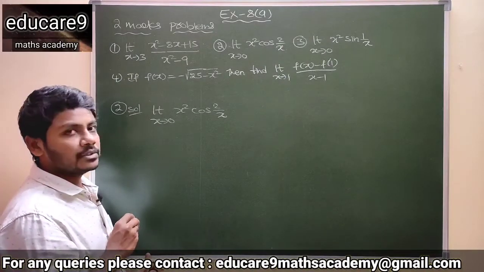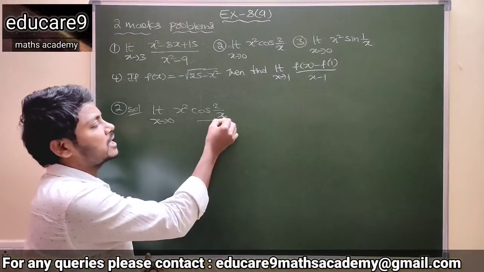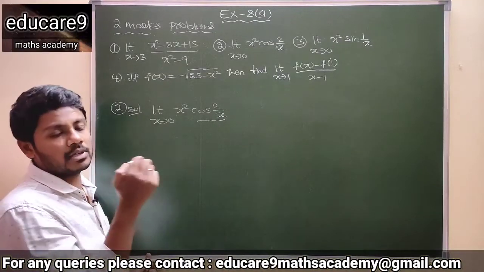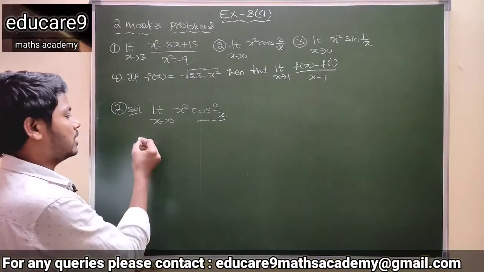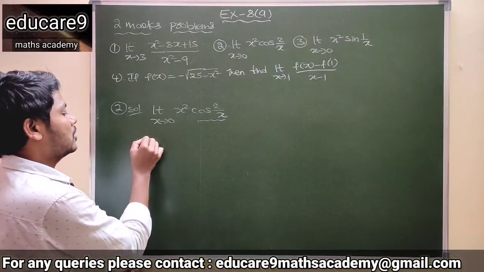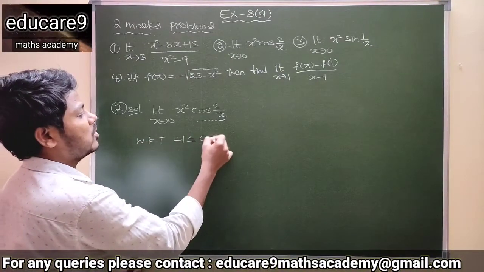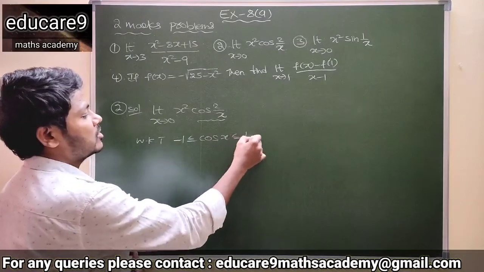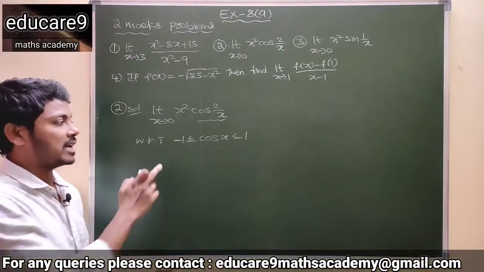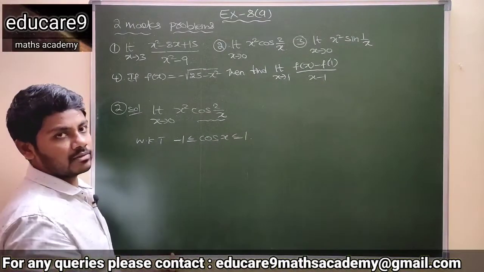First of all, you know that the range of cos x is minus 1 to 1, so minus 1 is less than or equal to cos x is less than or equal to 1. The cos x values lie between minus 1 and 1.